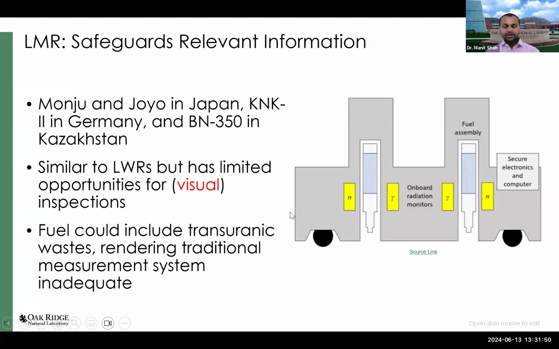This is a schematic of what the measurement system approach looks like for such a design, where essentially they place neutron and gamma detectors on a fuel handling system. So when they hold the fuel assembly to put it in the reactor, they're able to measure the signatures and verify whether it's fresh or spent, and if it's fresh, whether it is as per the declaration or not, and so on.